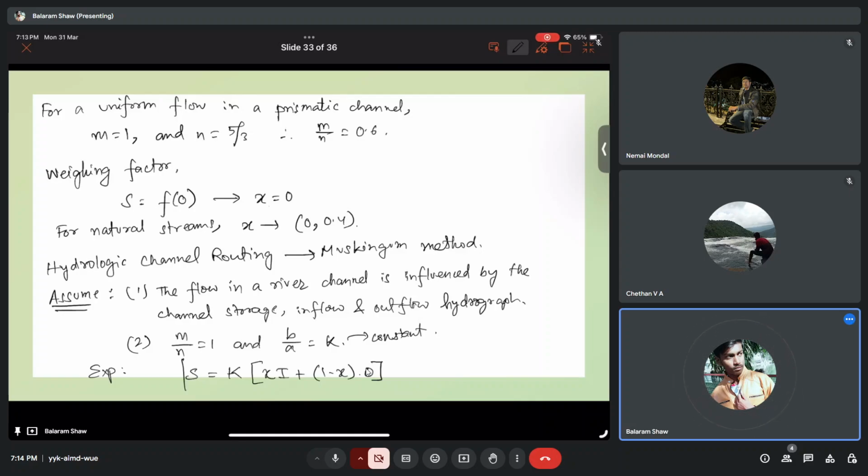Here k and x are the routing constants: x is the weighing factor and k is also a routing constant.